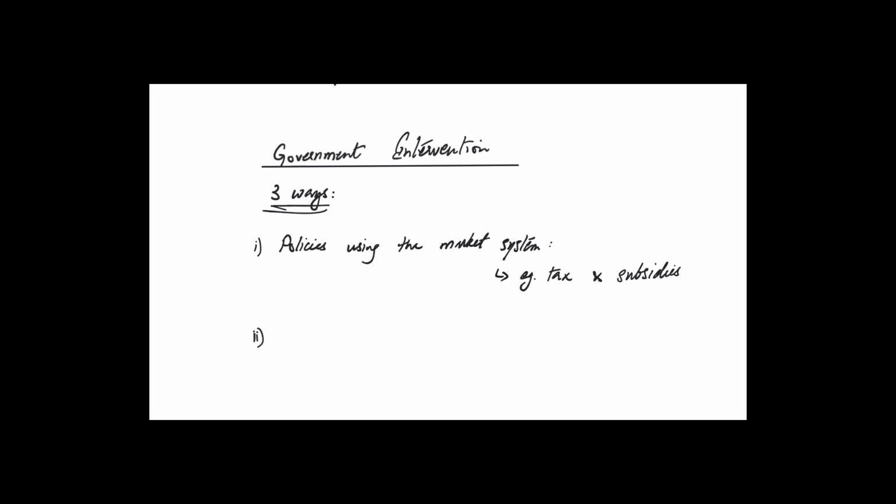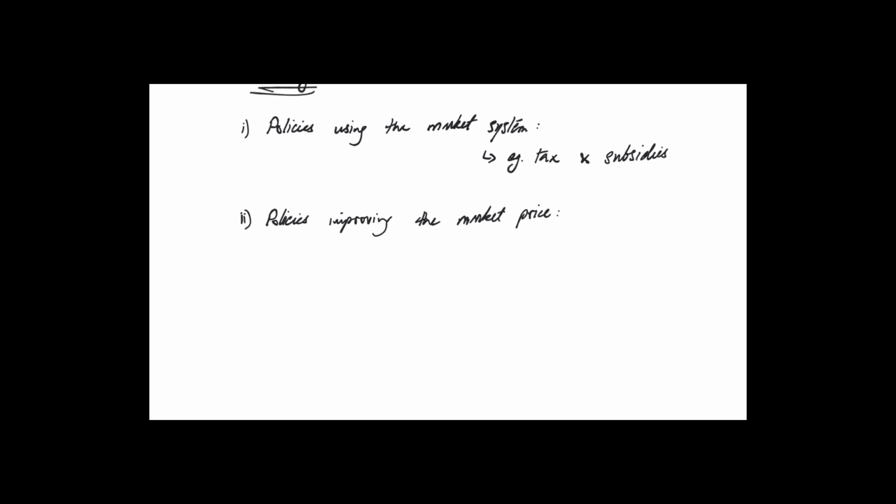The second way is, rather than altering the system by moving it through taxes and subsidies, you can create certain policies improving the market price. Now we know there are always things which are hindering or making the market system less efficient. So, to make it more efficient, you can come up with some policies like competition policies.